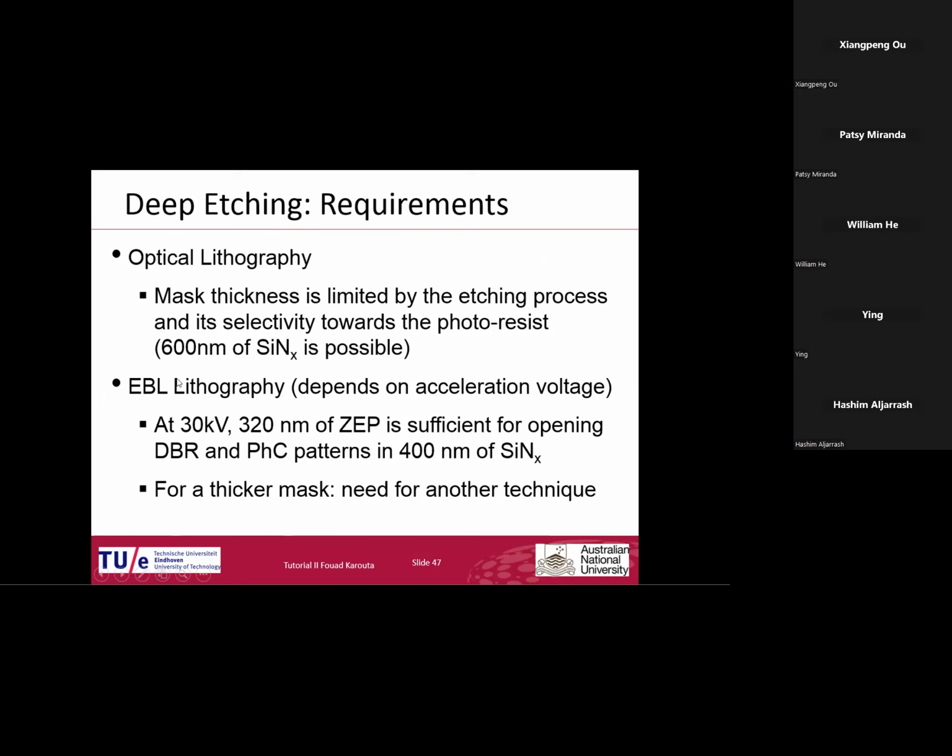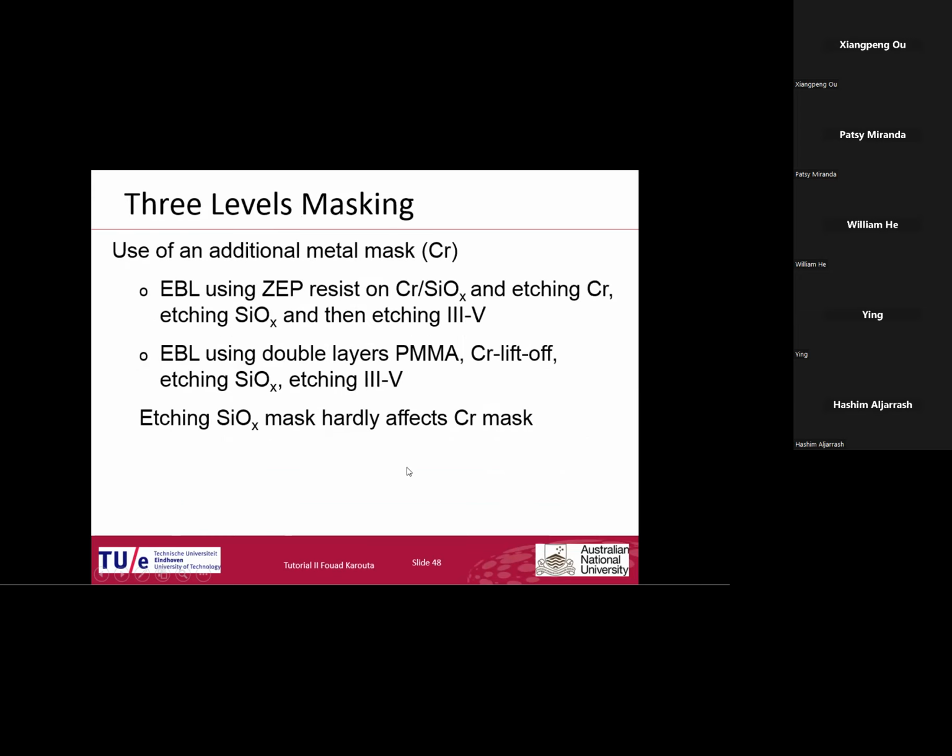In EBL, I tend to go to the technology of lift-off. We used ZEP to etch 400 nanometer of silicon nitride, but this ZEP layer wasn't enough to etch 600. So for a thicker mask, and later I switched to silicon oxide, we needed another technique.